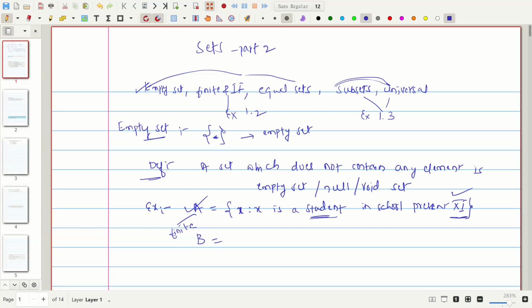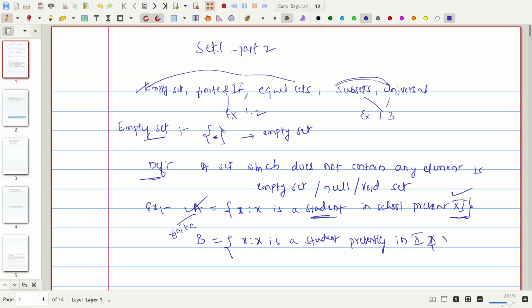Suppose the example I'm giving here is for an empty set. So the set of all x such that x is a student presently studying in both classes, in both 10th and 11th.